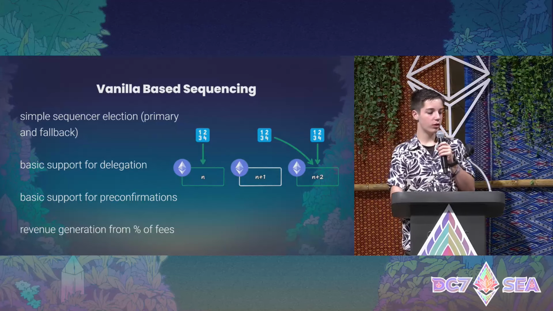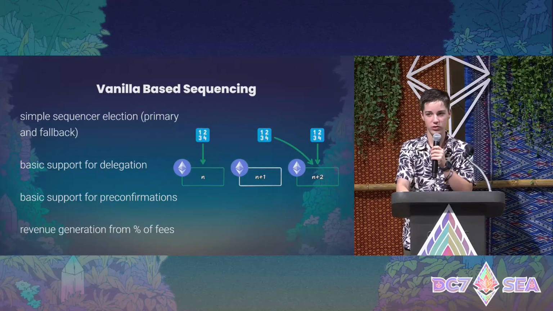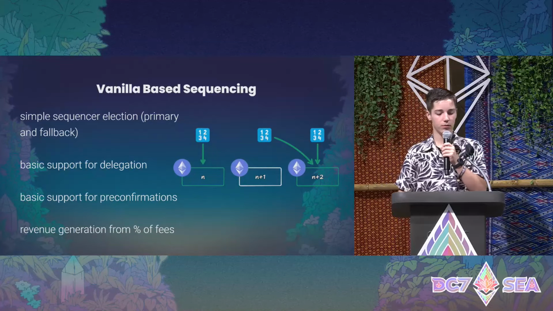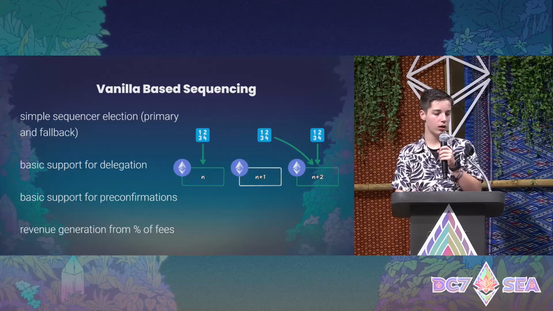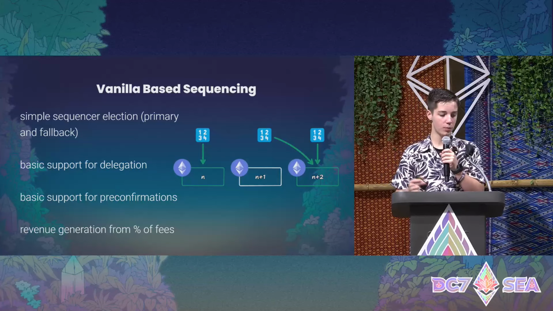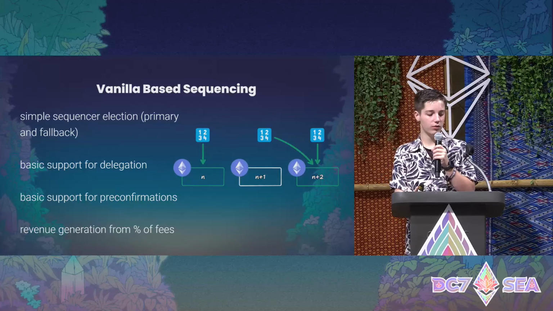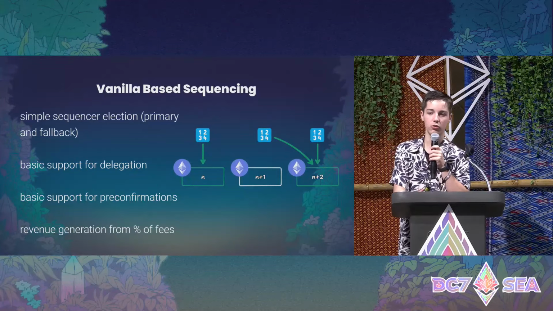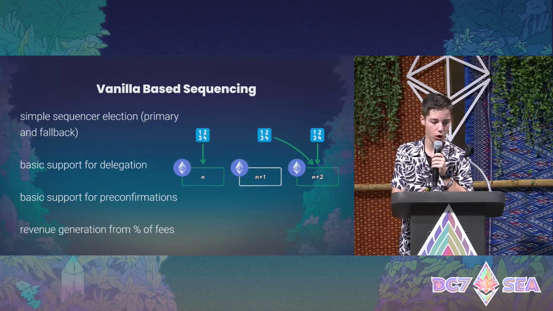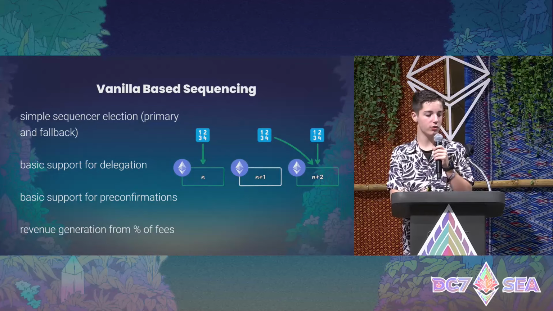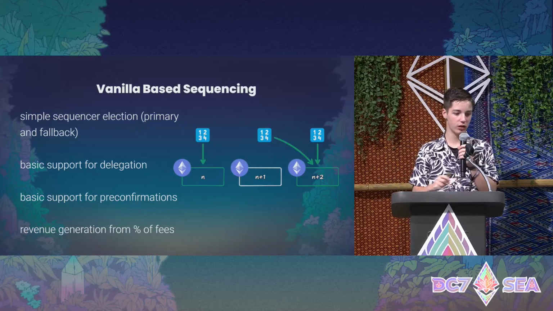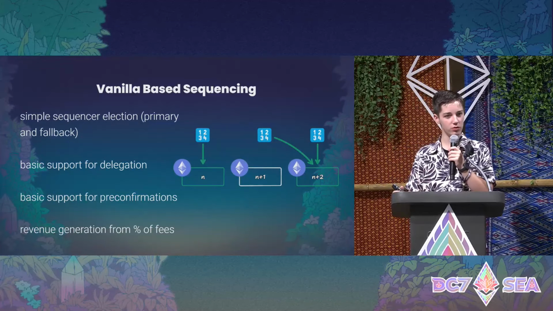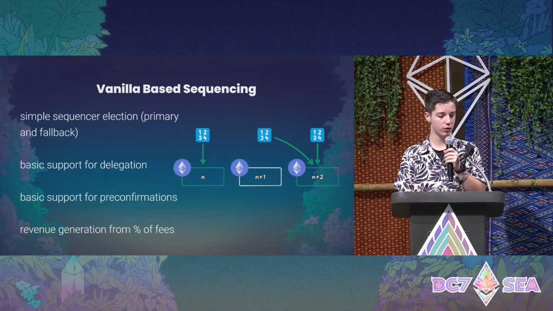Vanilla based sequencing also included basic support for preconfirmations, which we heard about last talk, but it gives the proposer the ability to promise things about the block that they will eventually propose. It does require some sort of delegation or some increased hardware constraints on the proposer. And so the design for preconfirmations has kind of wide-reaching implications for centralization vectors, for stake, and also for preconfirmations in real time.